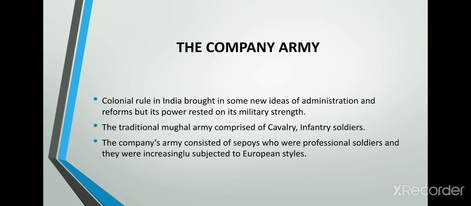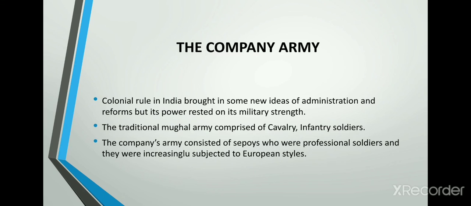Now let us see the development that happened in the company army. The colonial rule in India brought in some new ideas of administration and reforms, but its power rested on its military strength. The traditional Mughal army comprised cavalry and infantry soldiers.